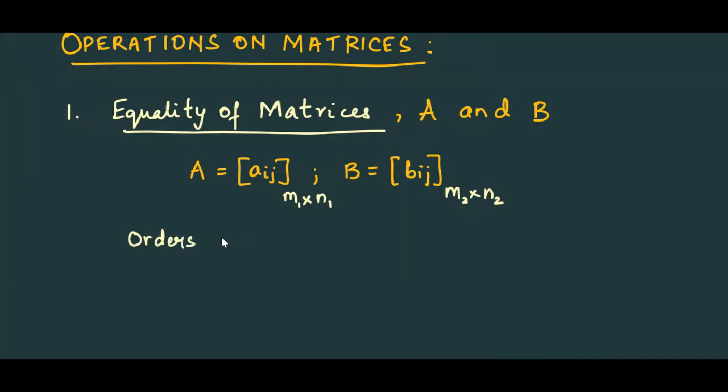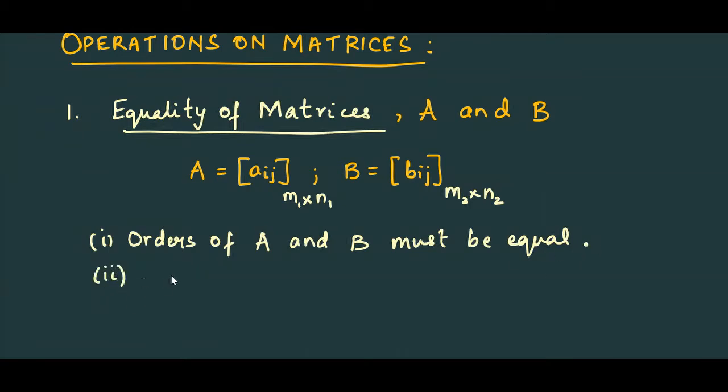Orders of A and B must be equal for the first step. First this condition must be satisfied. Second condition is Aij will be equal to Bij for all i comma j.